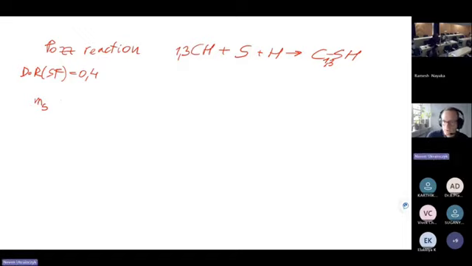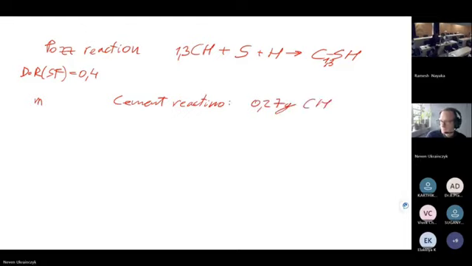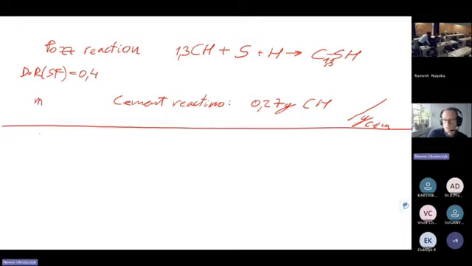And for that we know from the cement reaction that we are producing 0.27 grams of portlandite per gram of cement. So this is given, and now we want to calculate this.